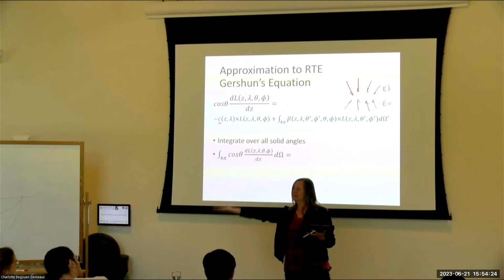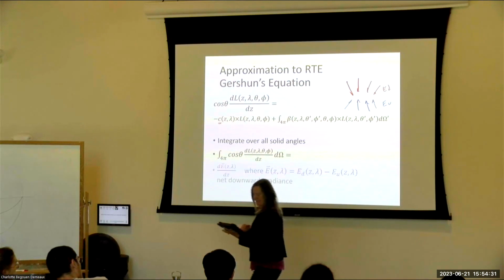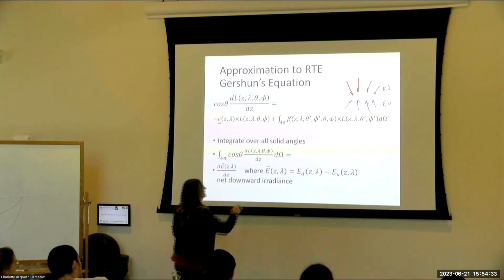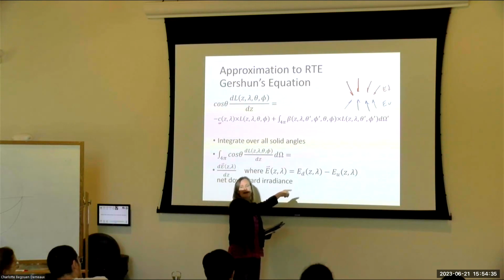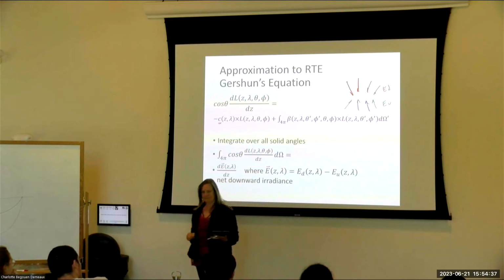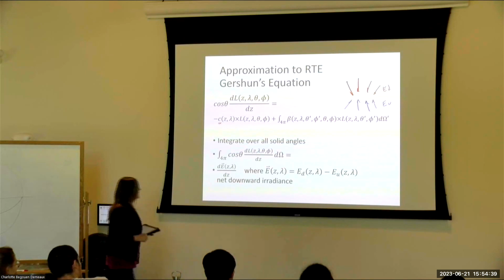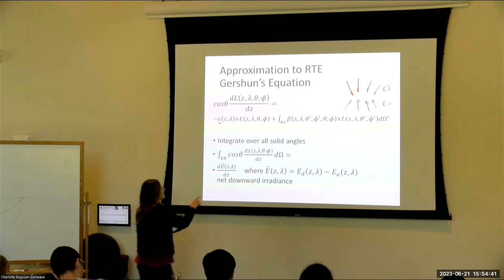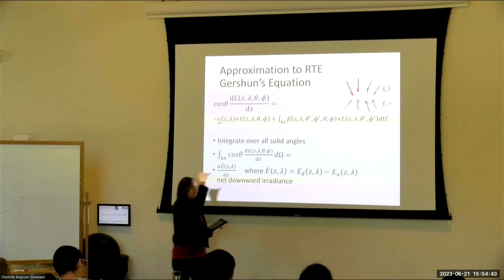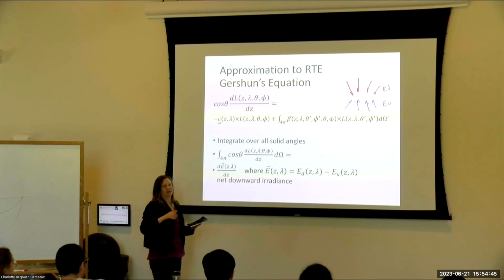When I integrate from here to here, it's going in the opposite direction, so it's a negative number. So it's not quite ED. It's actually the net downward. It's ED minus EU. And we write that as E with a vector, or sometimes E with a hat. Depends on the textbook, make sure you check. But it's the net downward irradiance.